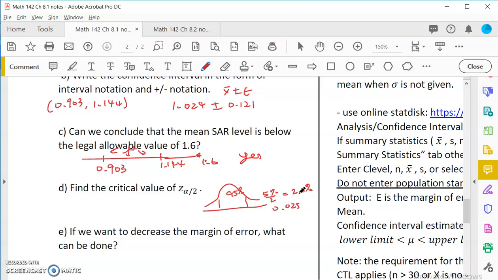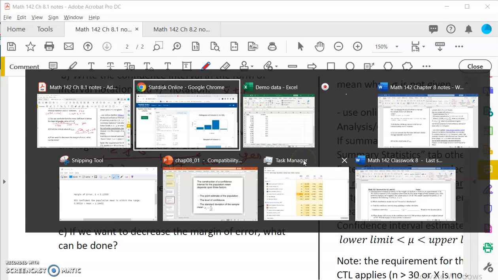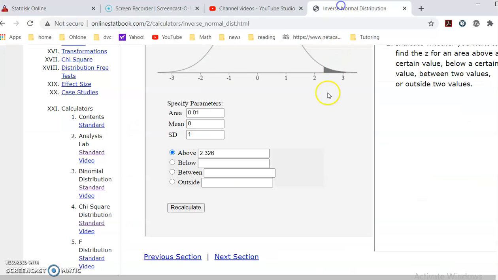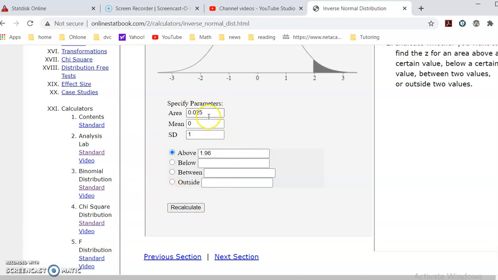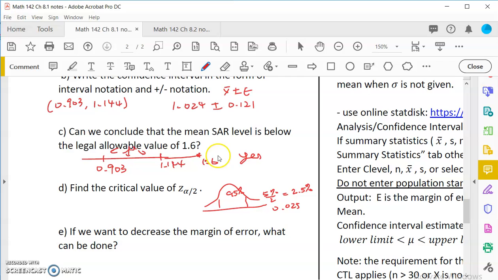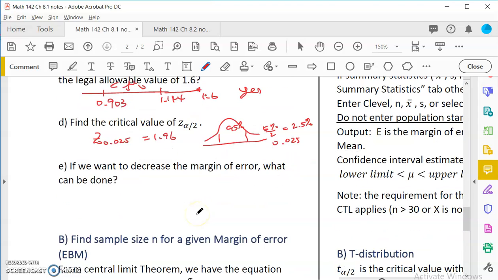I think we did those before, so we just do it again. It's the default, 1.96. So you say the critical value C 0.025 is 1.96.